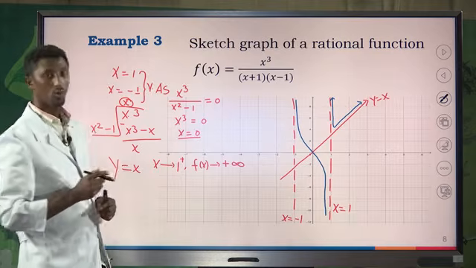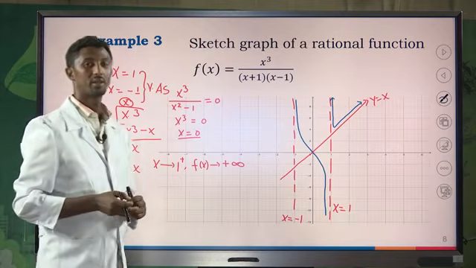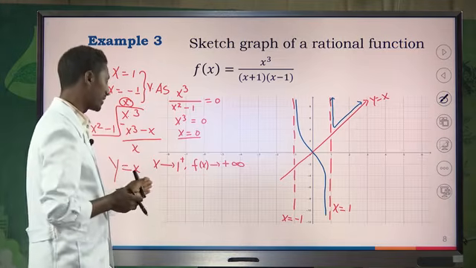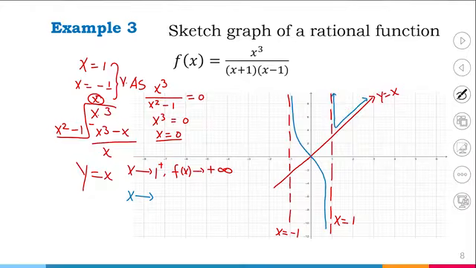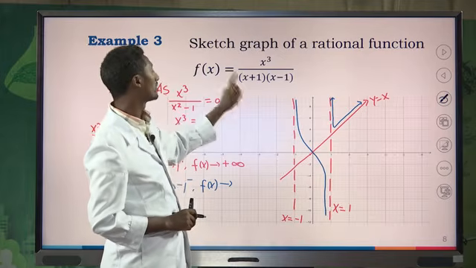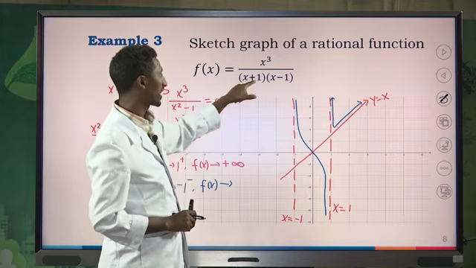And what if x is closer to minus 1 from the left side? Then f of x will approach either positive infinity or minus infinity. So we can take some number closer to this. Let's take negative 1.1. Negative 1.1 cubed is negative. Negative 1.1 plus 1 is negative.